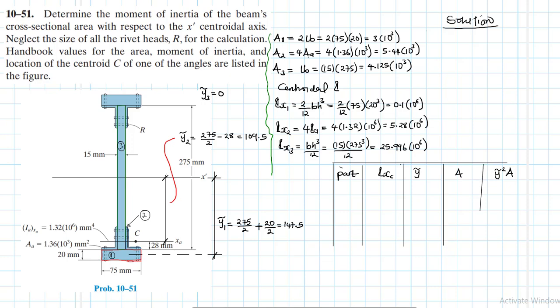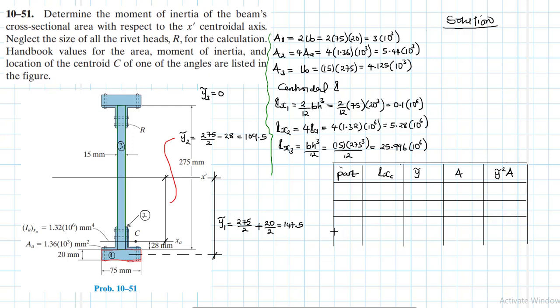Okay, all right, great. How many are there? There are just 3, and then plus a row for summation. Okay, this is fine. Great. So let's fill it in quickly.